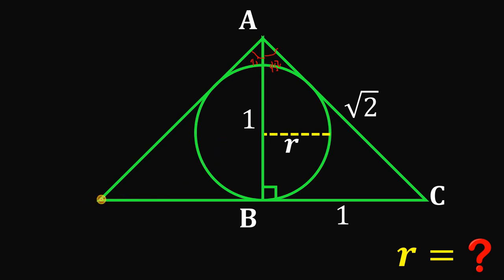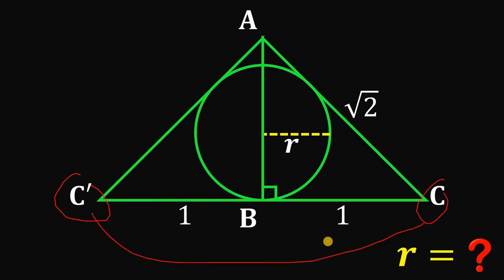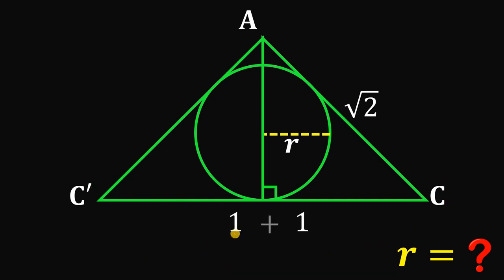Now, let's call this vertex C prime. From here, we can say that the length of C prime to B must also be equal to 1, and the length of C prime to C must be equal to 1 plus 1, or simply 2.